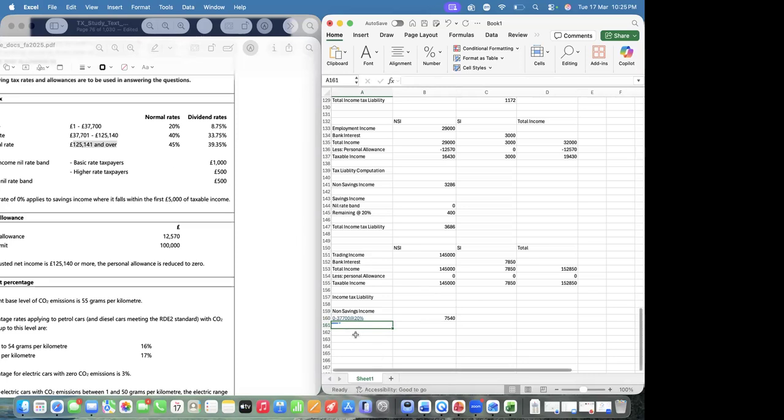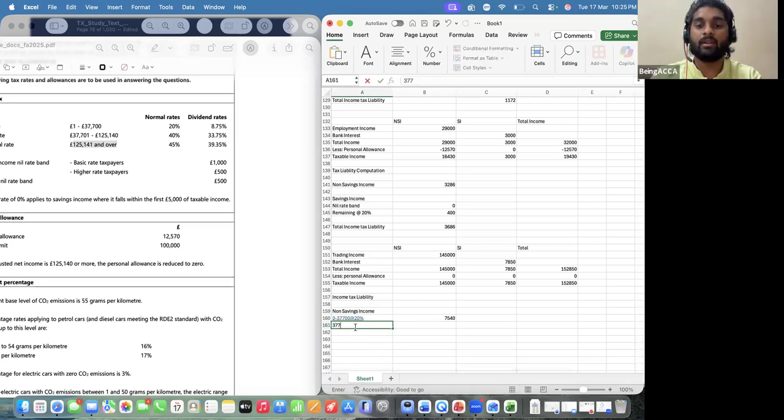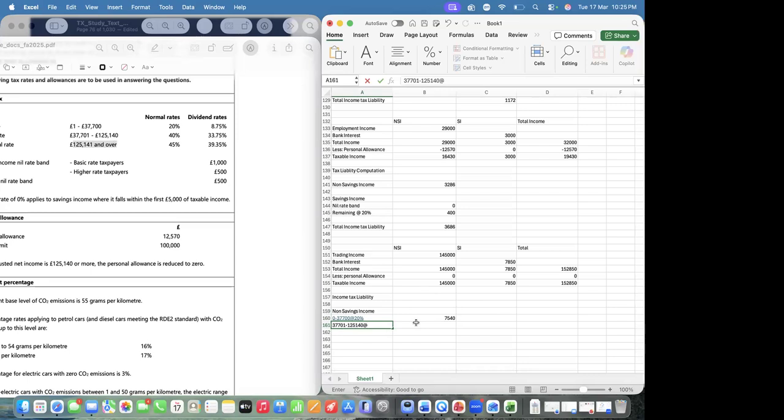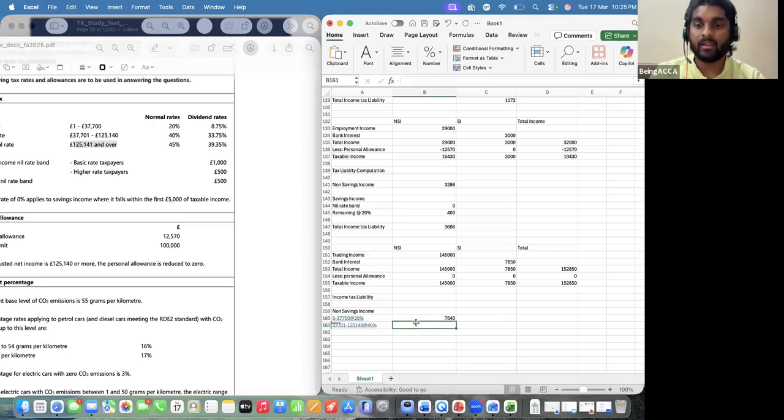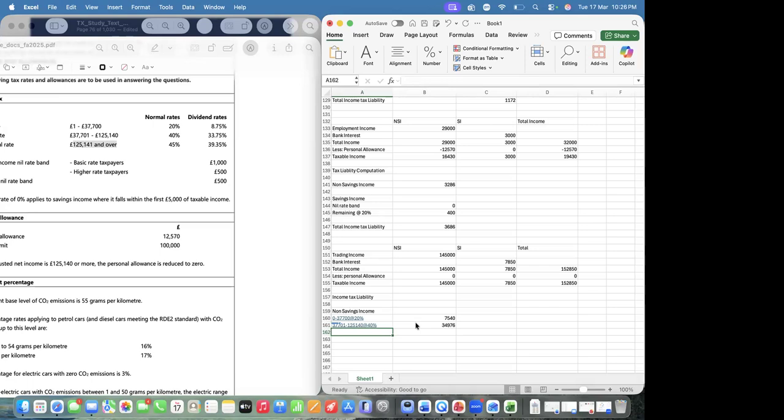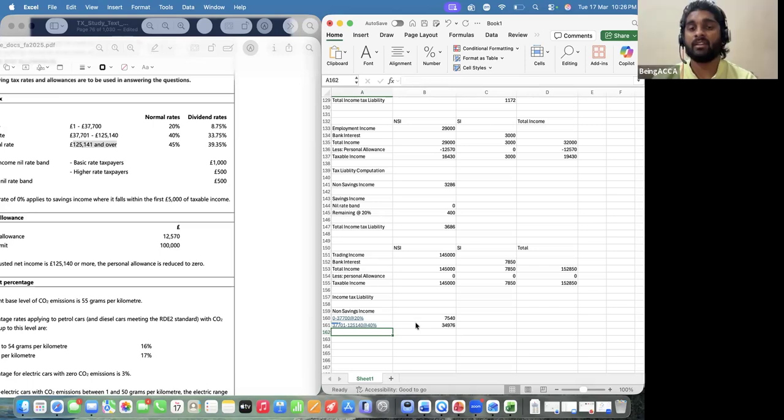Yes, so 37,701 to 125,140 would be taxed at 40%. That is 125,140 minus 37,700, times 40%.